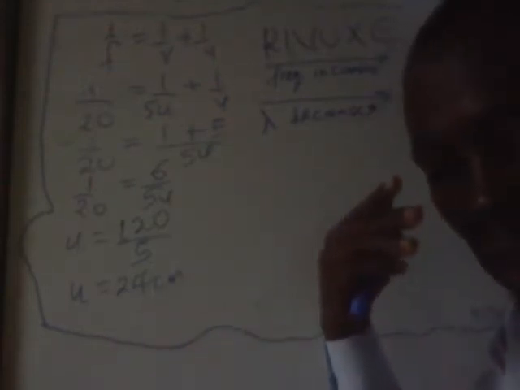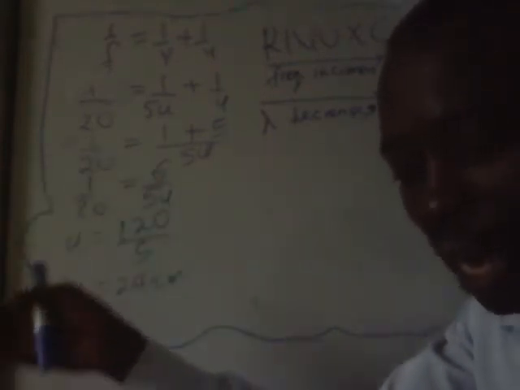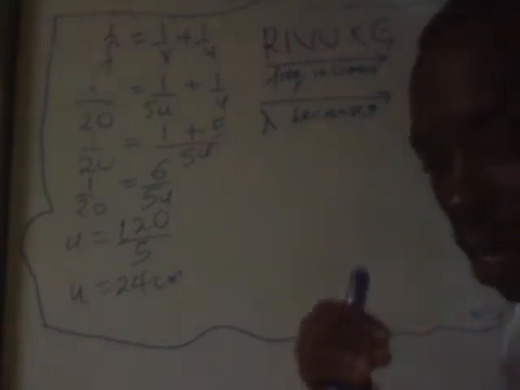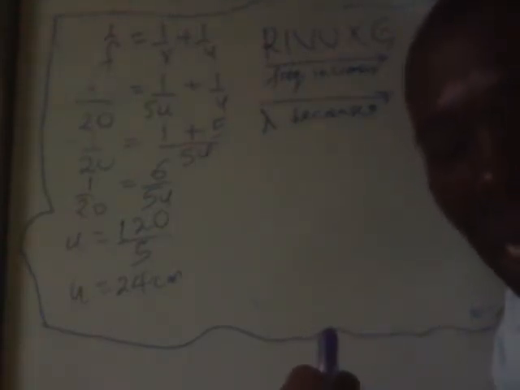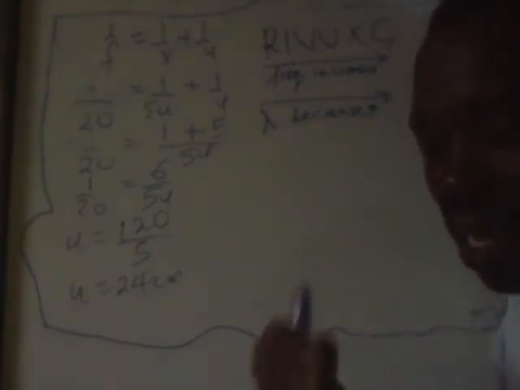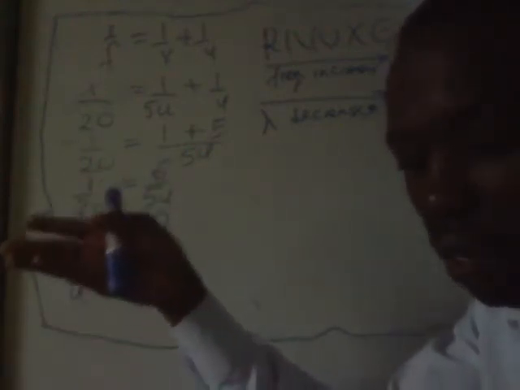The iris in the human eye is the same thing as the diaphragm in a camera. The retina in the human eye, which is the light sensitive part, is the same thing as the film in the camera. So the correct option is what? Option C, iris.